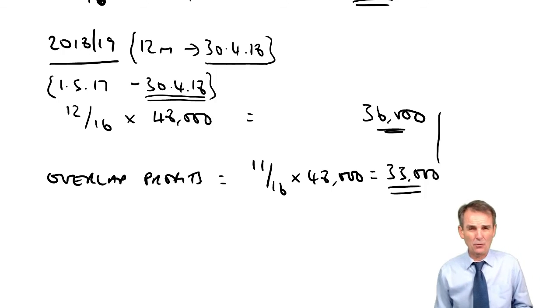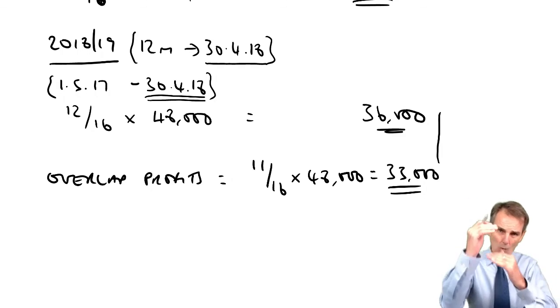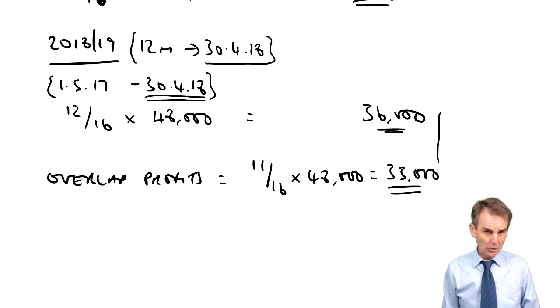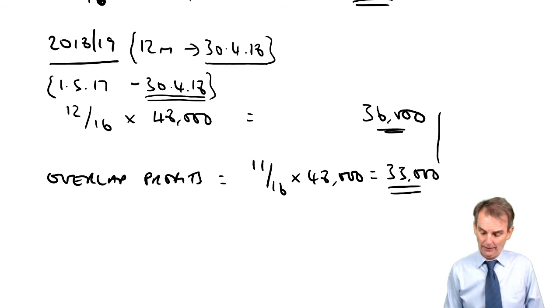Again, you've got the other way of always computing overlap profits. What profits arose in the actual profit periods? What tax years have you used them in? Compare the two totals, and the difference is your overlap profit. But there, 11 months of overlap, £33,000.